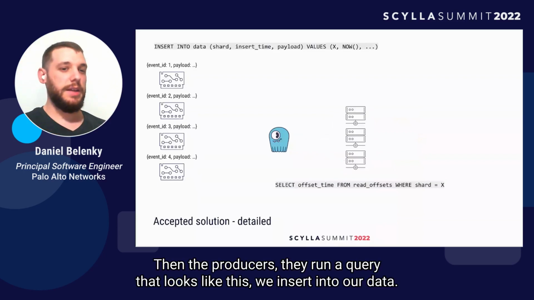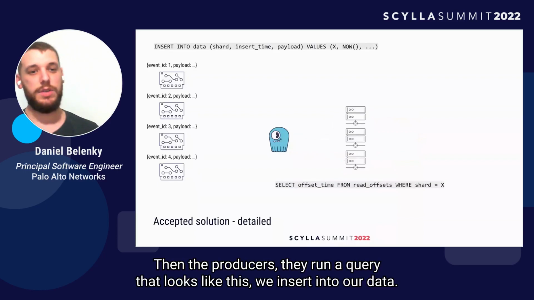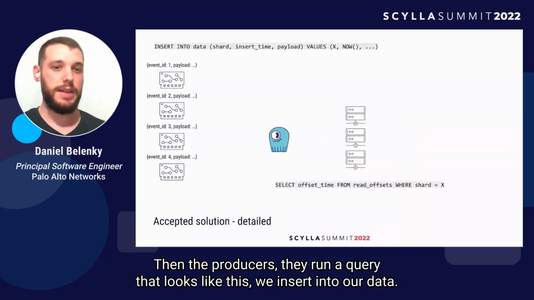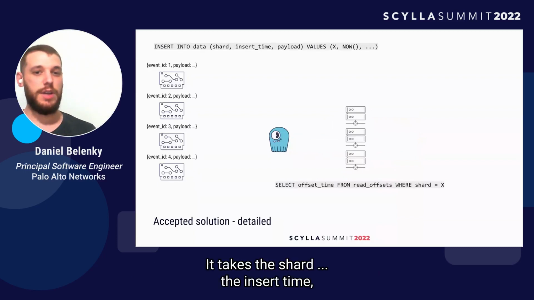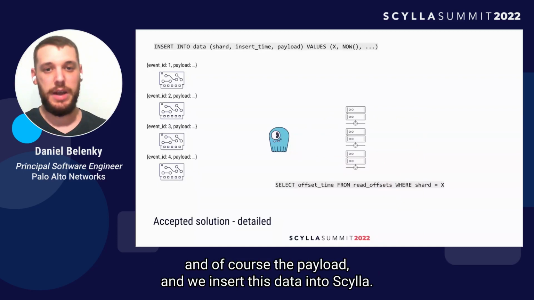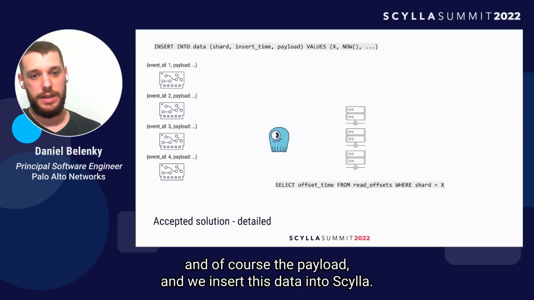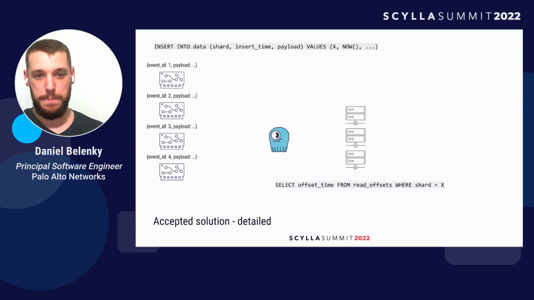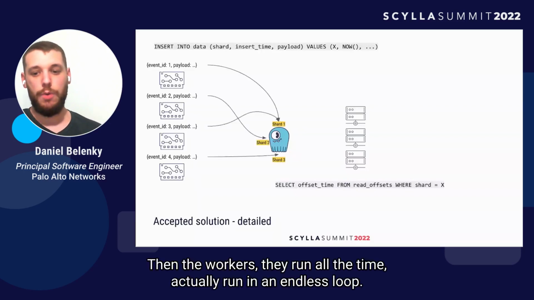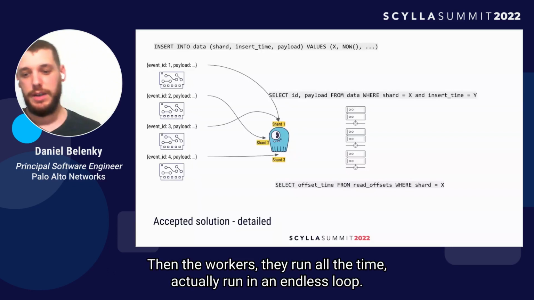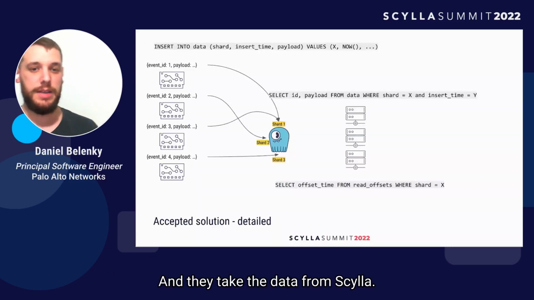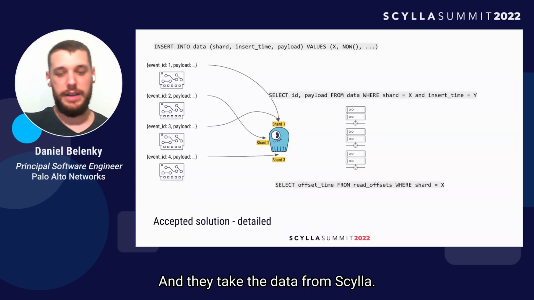Then the producers run a query that looks like this. We insert into our data. It takes the shard, the insert time, and of course the payload, and we insert this data into Scylla. Then the workers run all the time. They run in an endless loop, and they take the data from Scylla.